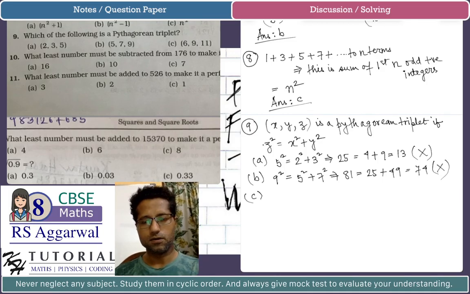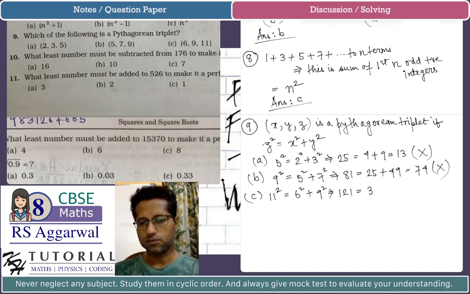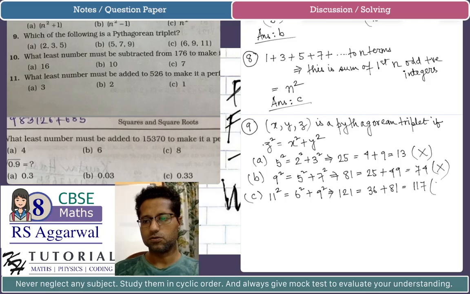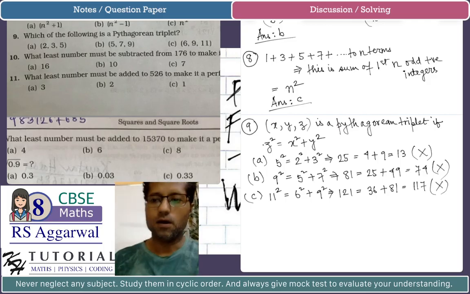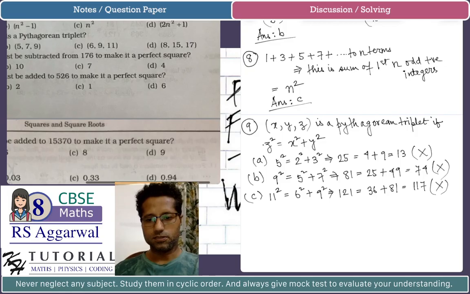Let's see choice C, 6, 9, 11. If it is a Pythagorean triplet, we must have 11 square equals 6 square plus 9 square. This implies 11 square is 121, which should be equal to 6 square, which is 36, plus 9 square, which is 81. And 36 plus 81 is 117. This is also not true. 121 is not equal to 117. What is choice D? Choice D is 8, 15, 17.